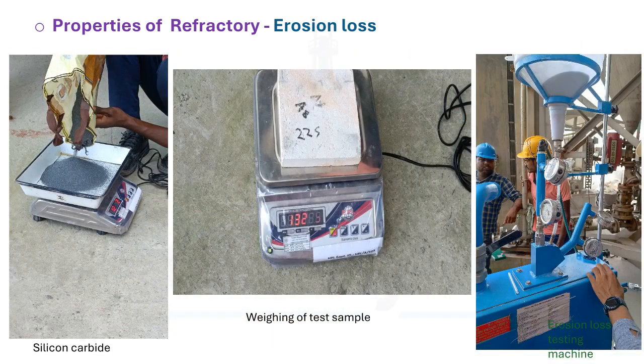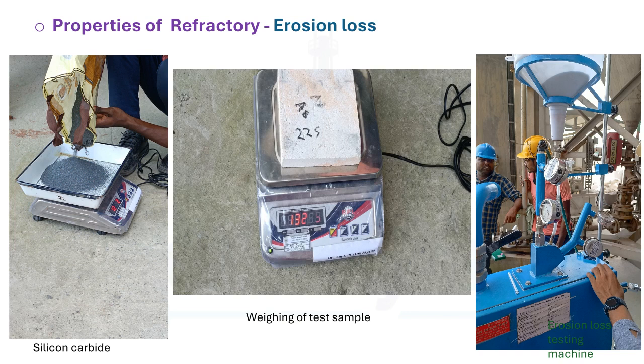Now let me show you what erosion testing actually looks like in a laboratory setting. The erosion loss testing machine consists of a pressure vessel filled with silicon carbide, a regulated air supply at 65 pounds per square inch, and a nozzle assembly aimed directly at the test surface.